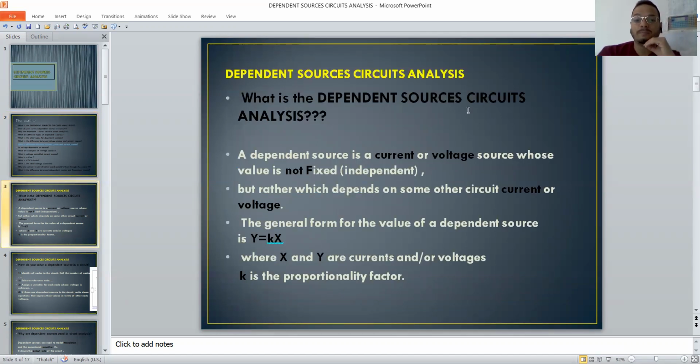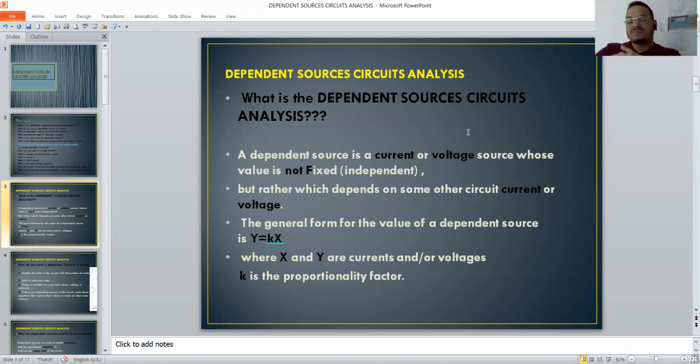What is dependent sources circuit analysis? Dependent sources, like we know, depend on two important elements, current or voltage, sources whose value is not fixed. What does not fixed mean? It means not independent. Here we will be dealing with two types of sources.